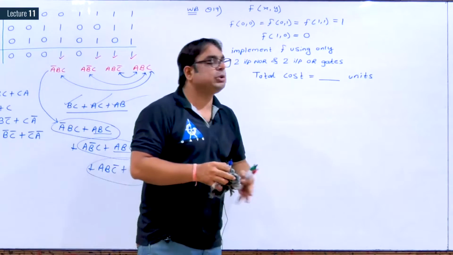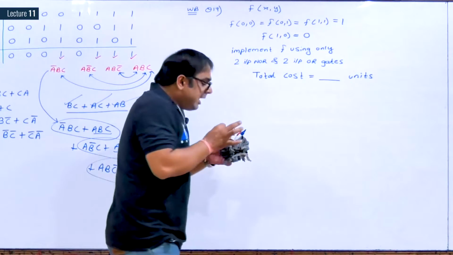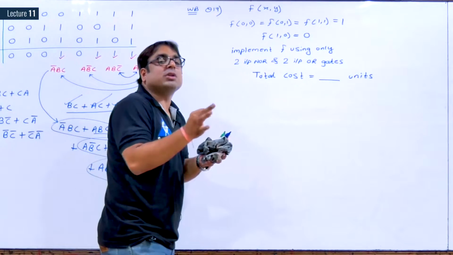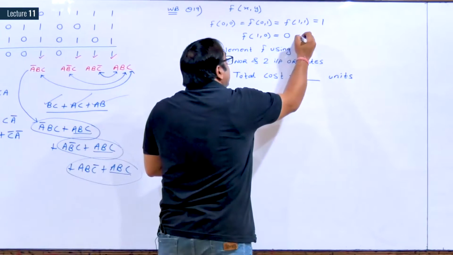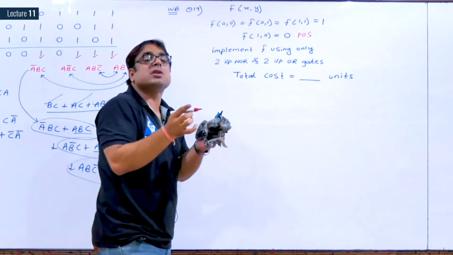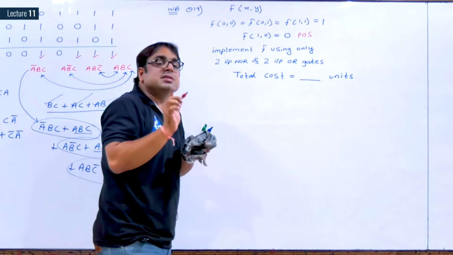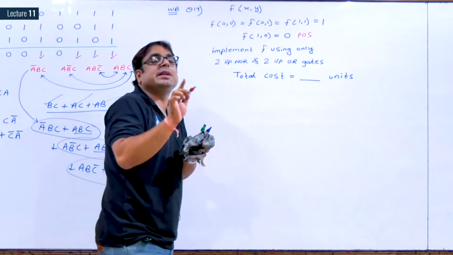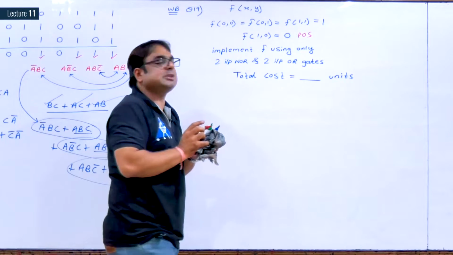You have to find the total cost in number of units. If you are comfortable in both SOP and POS, finding a POS expression is easy because you have only one 0 in the output function.